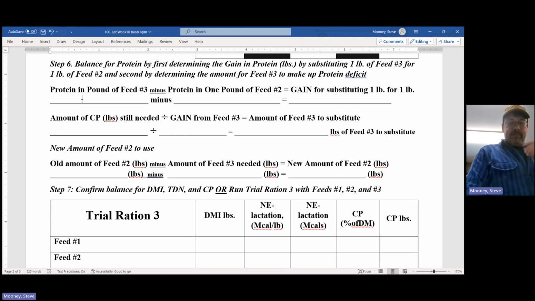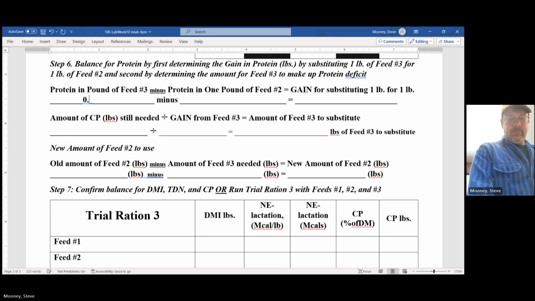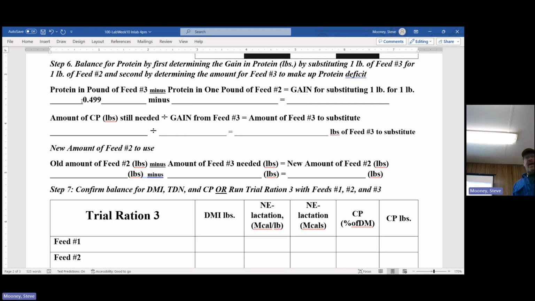So what's that number? 0.499, almost a half a pound of protein per pound of feed 3. How much do we have in our feed 2?